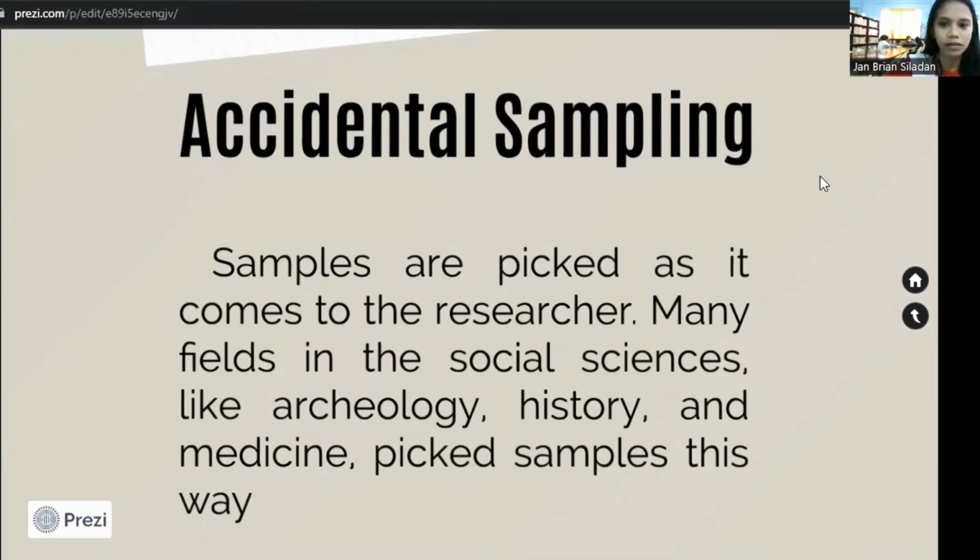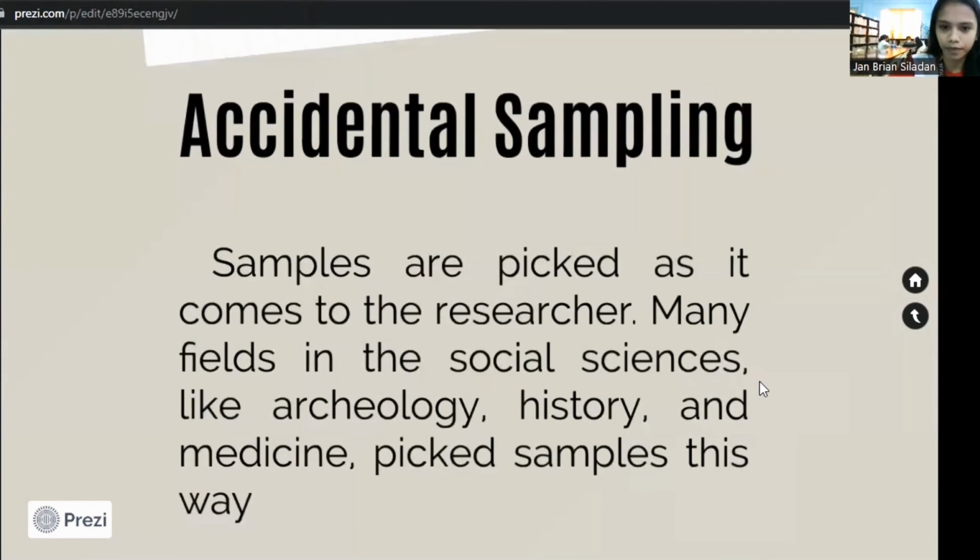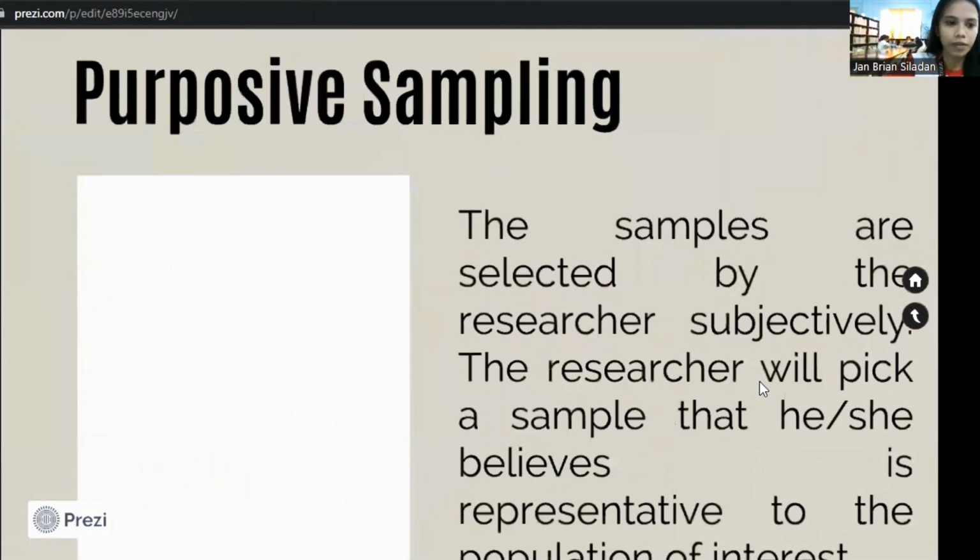Next, the purposive sampling, or judgment sampling.